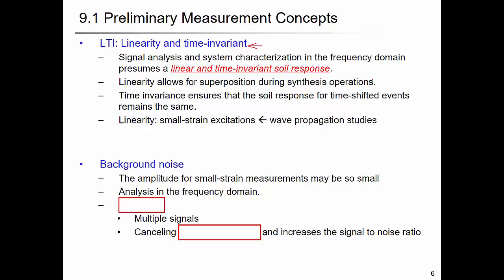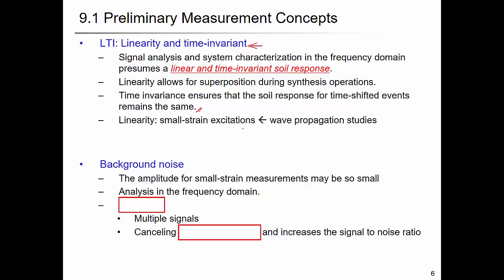And the sum of impulses causes the sum of impulse responses, shifted and also shifted. So linearity allows the superposition of those continuous signals, and time invariance ensures the response from time-shifted events remains the same. Linearity and a time-invariant system are the basic assumptions that we use to analyze and acquire the signal.